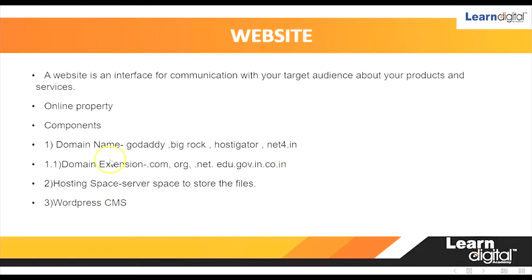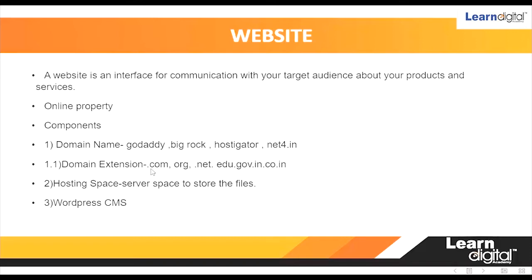The factors: the domain name, from where you can purchase your domain or website name. These are the marketplaces from where you can purchase, like GoDaddy, BigRock, HostGator, Net4You. The other thing is extension. With the business name or website name, we'll be purchasing an extension like .com, .org, .net.